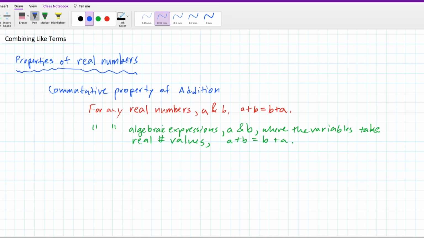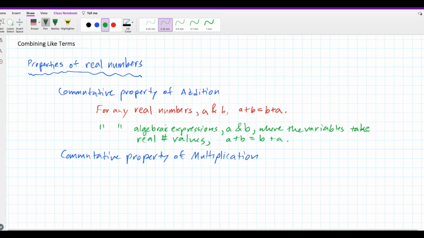Let's look next at the second commutative property, and that's the commutative property of multiplication. Now for this one, I'm actually going to skip over this first part. I'm not going to bother writing it just for real numbers because real numbers count as algebraic expressions.